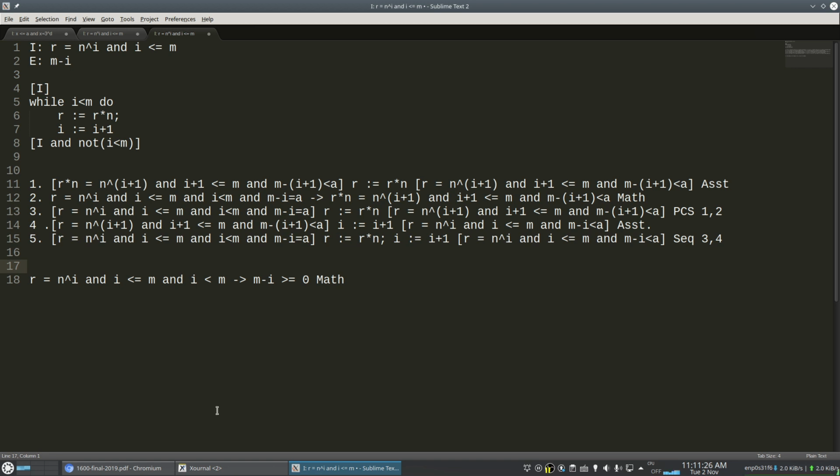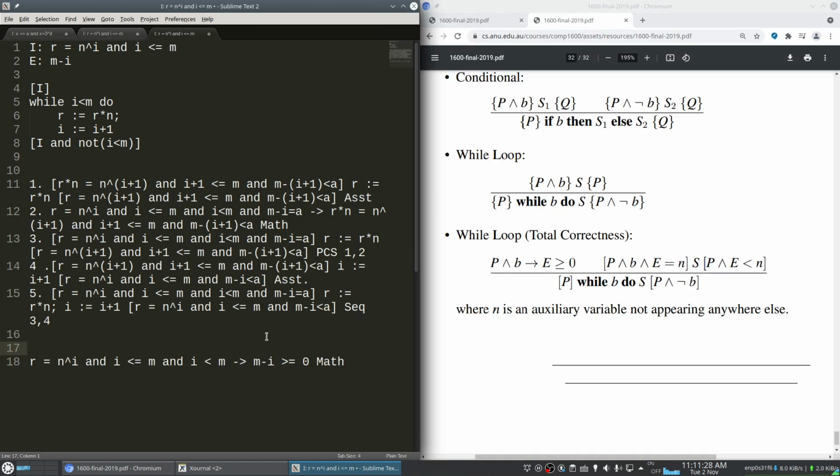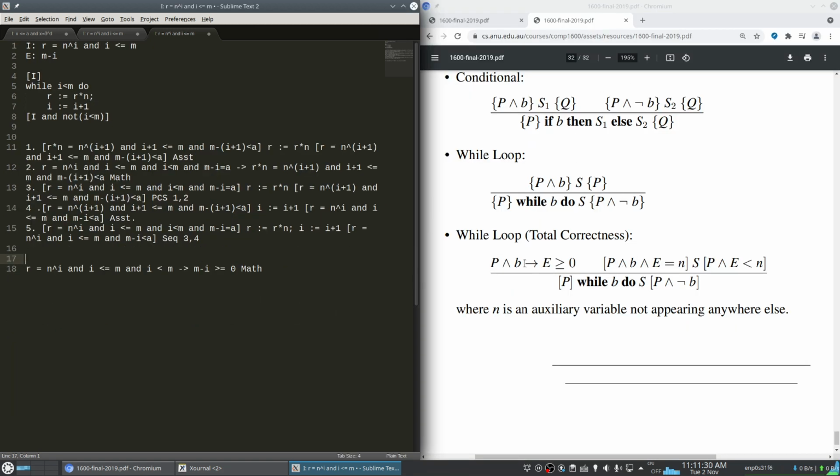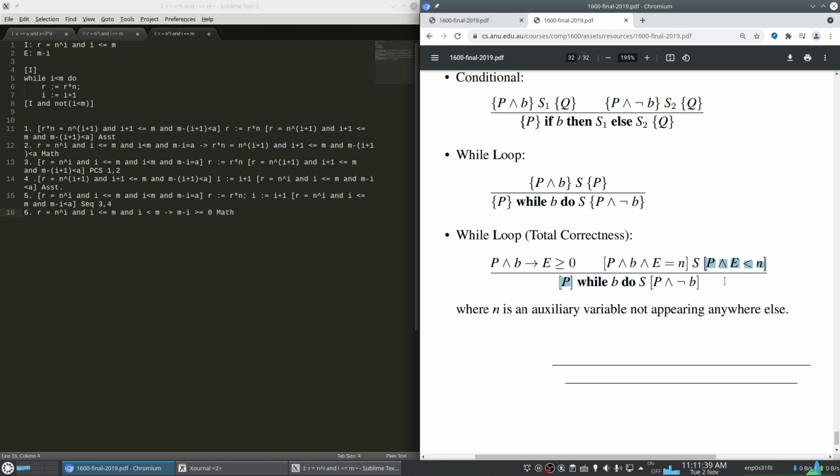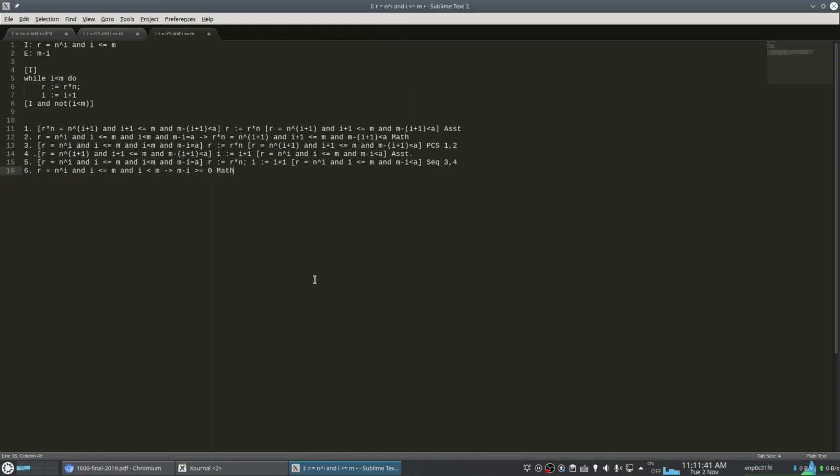At which point, this is now in the right form for me to use my total correctness rule, right? So 6 is true by logic, or by math or whatever. And so now I can glue these two statements together and apply the total correctness rule.